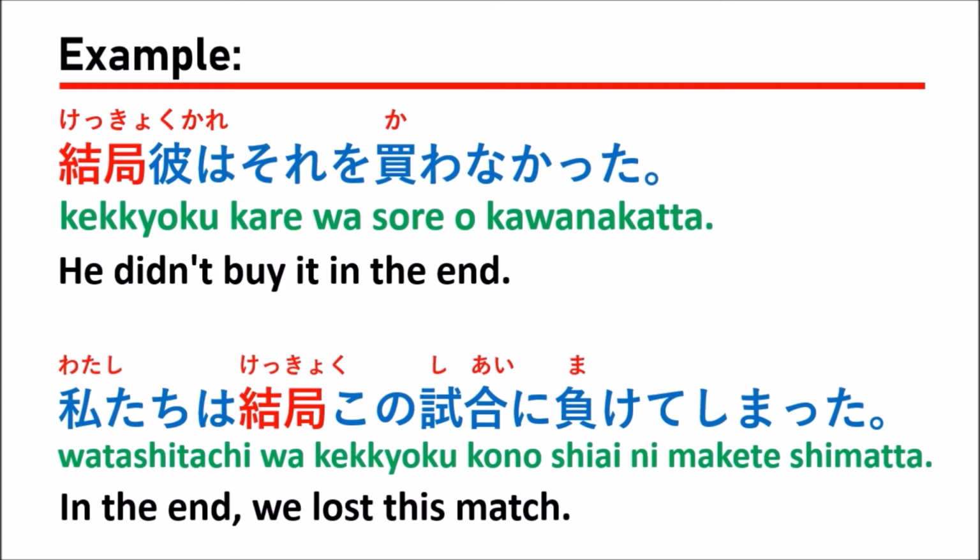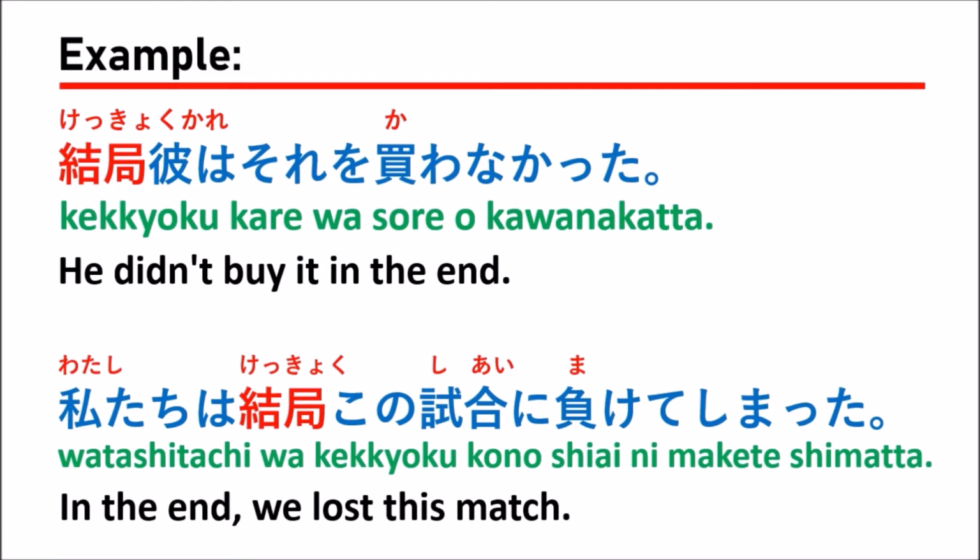For the first sentence, you will see that before KEKKYOKU we don't use a subject. But after KEKKYOKU we have a verb, right? So we say 結局彼はそれを買わなかった。That means he didn't buy that product or that thing. He might have been confused about what he wanted to buy, or he might have had some problem he was thinking about.